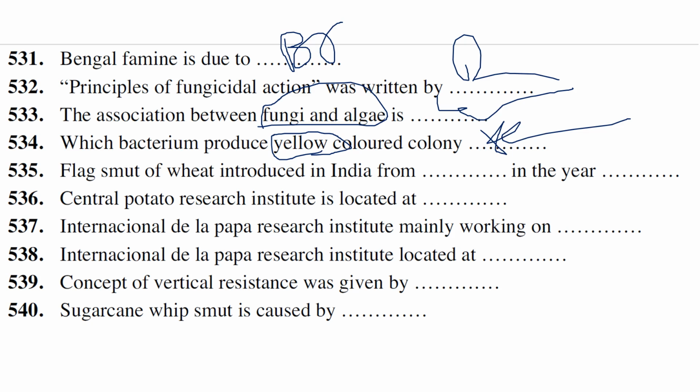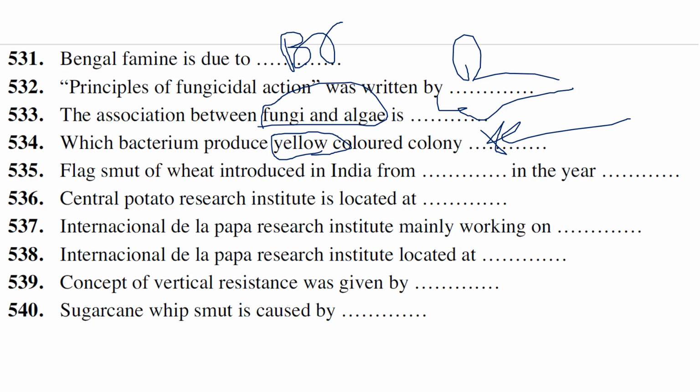Next one: flag smut of wheat was introduced in India from Australia. I will tell you about this flag smut disease. It was first reported in Australia around the 1870s, 1880s and 1890s. This was a very severe disease. Later, with the help of various wheat varieties, like Victoria and others, they slowly brought down the severity of flag smut.